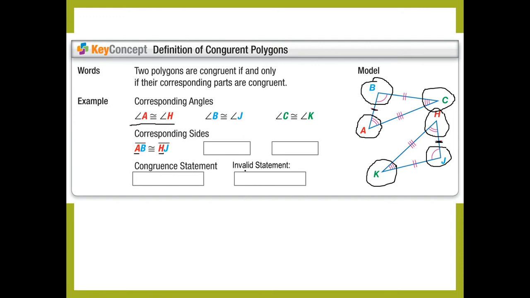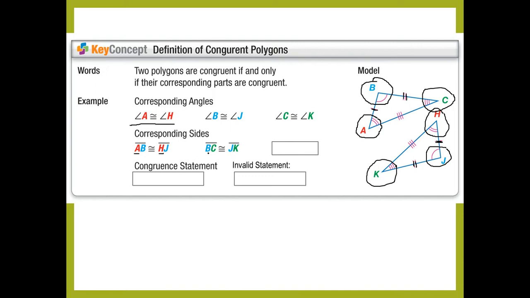So back to corresponding sides. Over here, side BC has two of these marks. So we come to our second triangle and we say, okay, line JK also has two of our hash marks. So we can say that side BC is congruent to side JK.